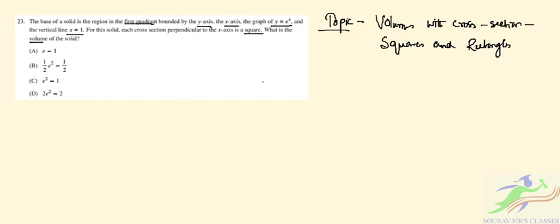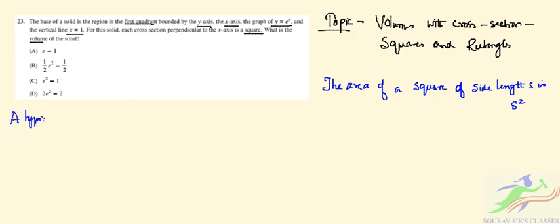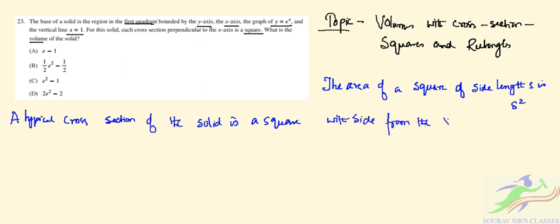We know that the area of a square of side length s is nothing but s squared. A typical cross section of the solid is a square with side from the x-axis to the graph of y equal to e to the power x.